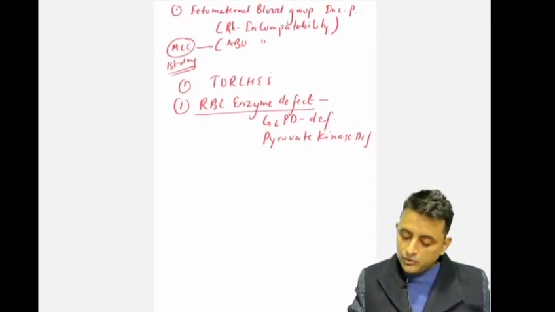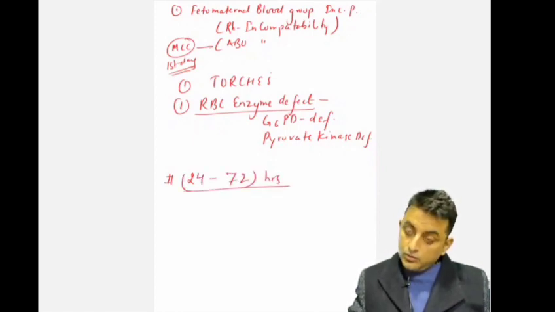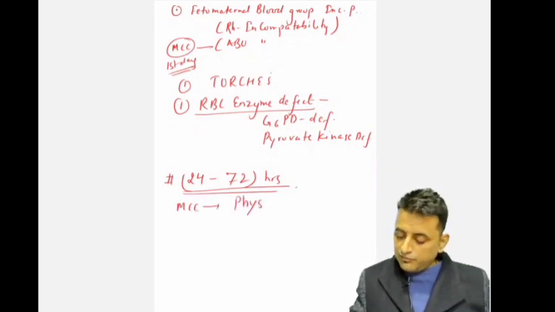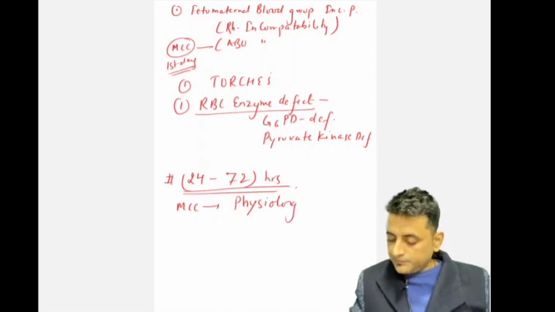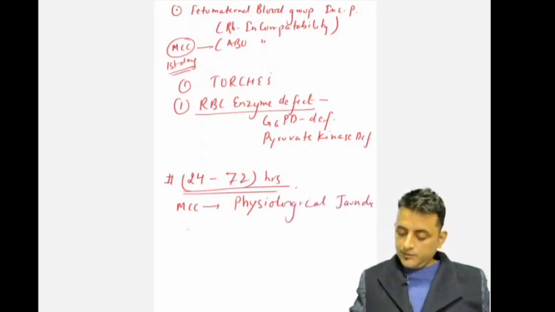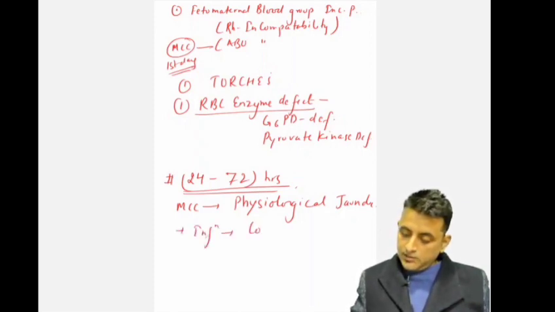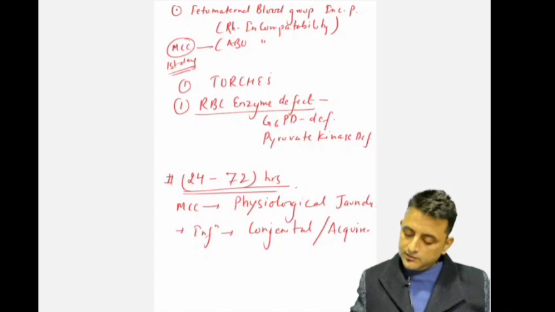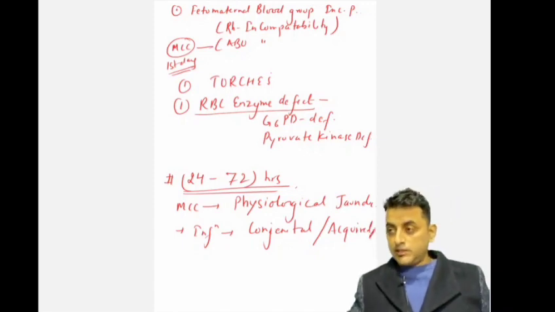Okay. So after 24 to 72 hours, what is the most common cause? The most common cause will be physiological jaundice. Other causes may be infection, congenital or acquired infection, like neonatal sepsis.